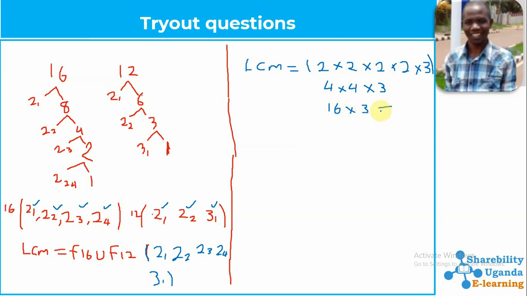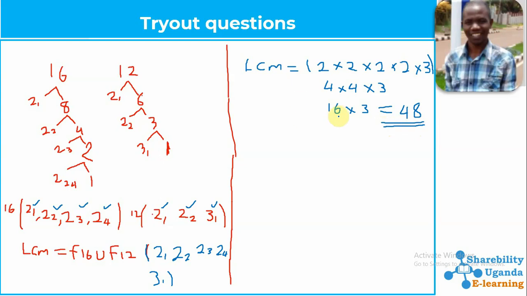What is 16 times 3? This is the same as 3 times 6, which is 18. We write 8, carry 1. Then 3 times 1 is 3, plus 1 we carried, it becomes 48. So now this becomes our lowest common multiple using prime factorization.